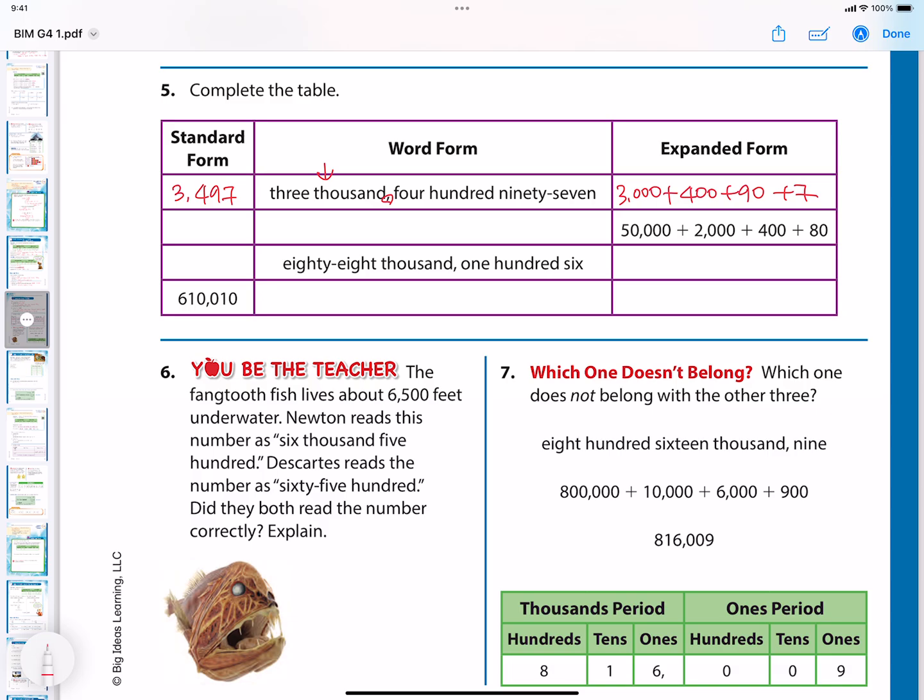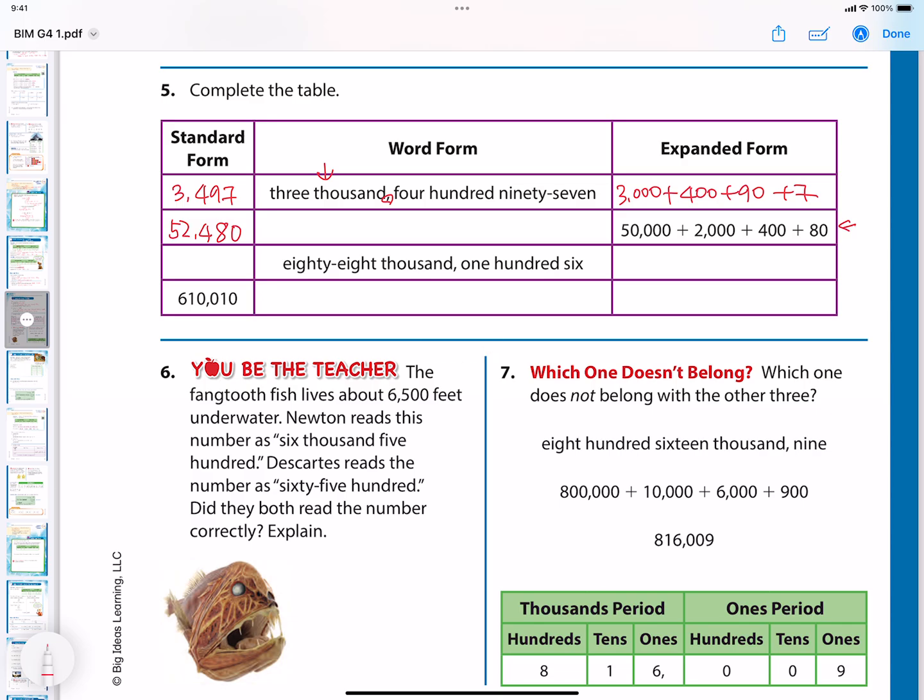All right, now let's move on to the second one. They gave us a clue in expanded form. I'm going to merge this expanded number into standard form, which is what? 52,480. There is nothing in the ones place.